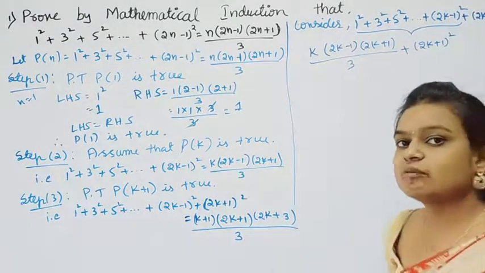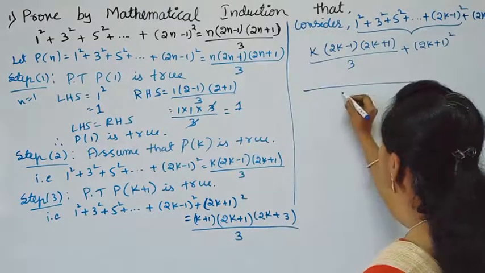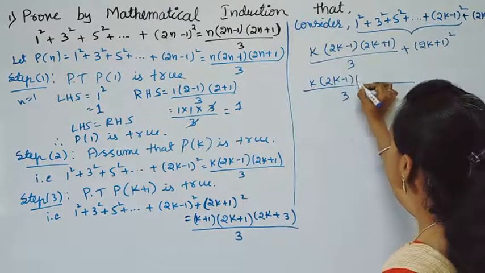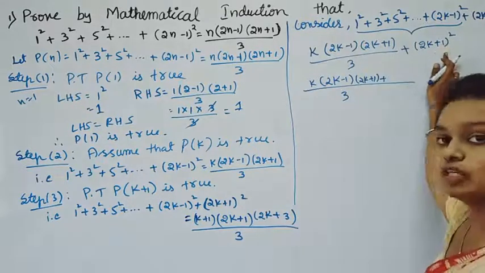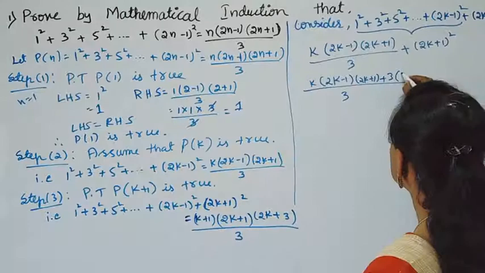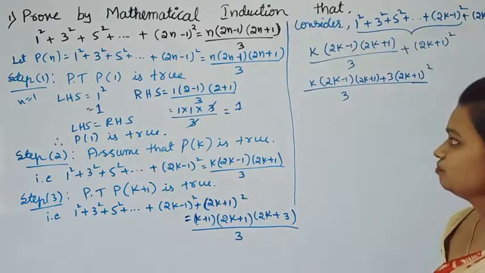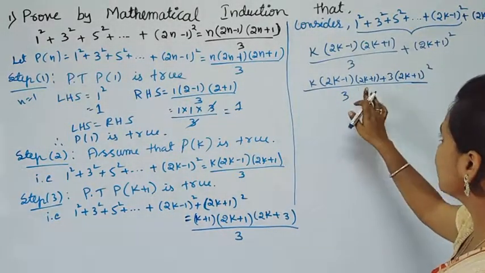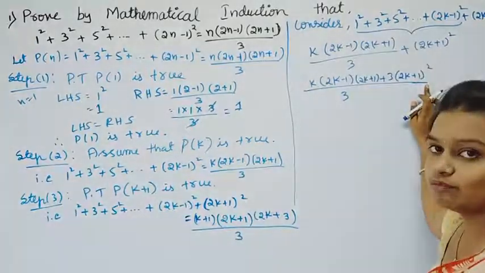What is the next step? We have to take the LCM. So 3 is the LCM. So k into (2k minus 1) (2k plus 1) plus 3 into this term, that is 3 into (2k plus 1) the whole square. Understand? So in the next step, what is the common factor? Here also we have 2k plus 1, and here also we have 2k plus 1.